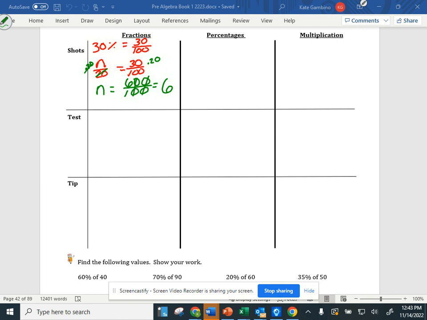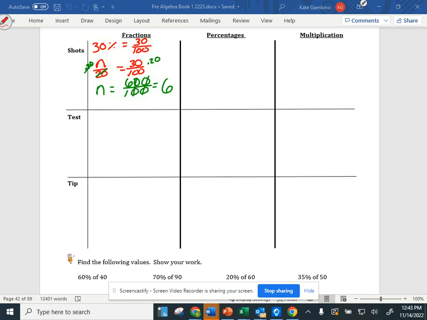So we want our answer to be less than half. So it makes sense that she would make 6 shots out of 20, because 30% is less than half, 6 is less than half of 20. Okay, so there's doing it the algebra way. We're going to do some more, so if that doesn't quite make sense, it's okay, we're going to keep working on this.